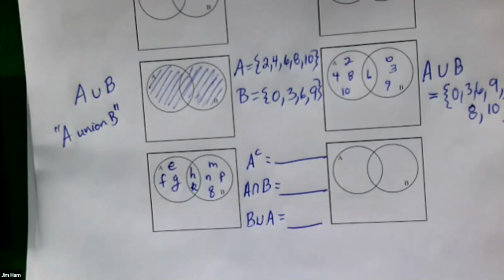So A complement first. And once you get A complement done, then go on to A intersect B. I don't know that we have an upside down symbol, so you might have to spell out the word intersect.